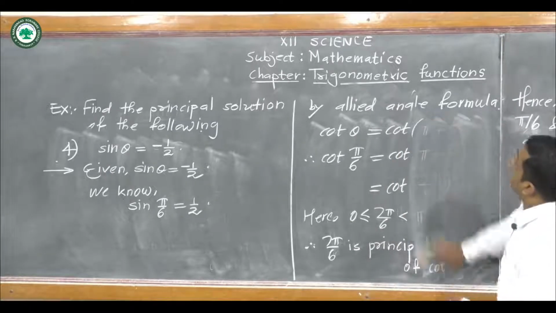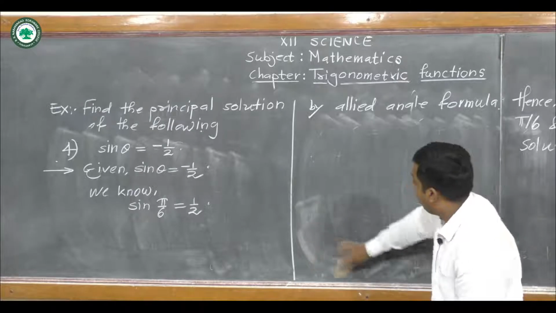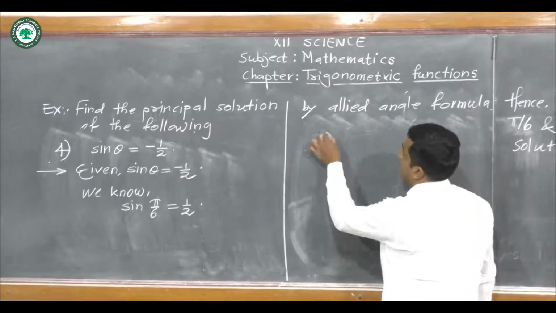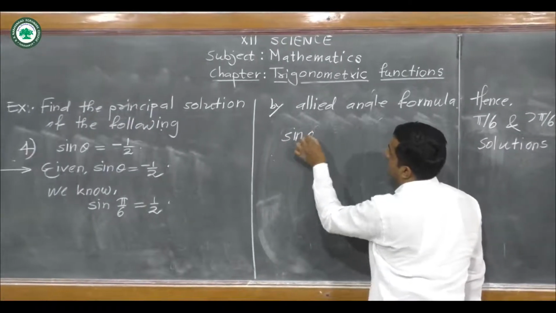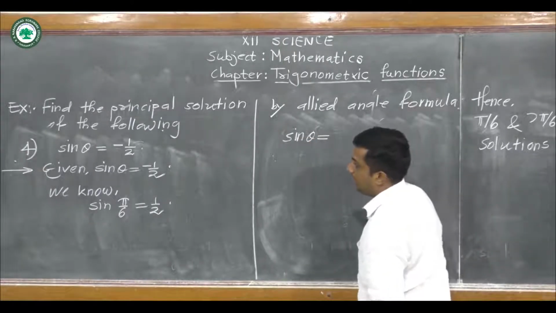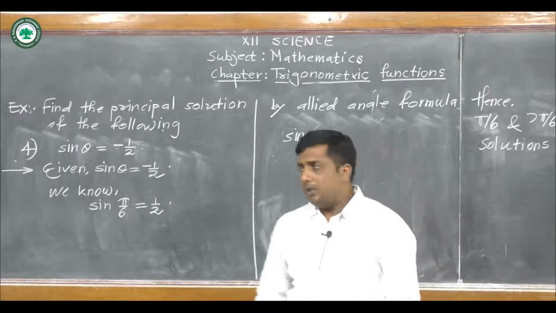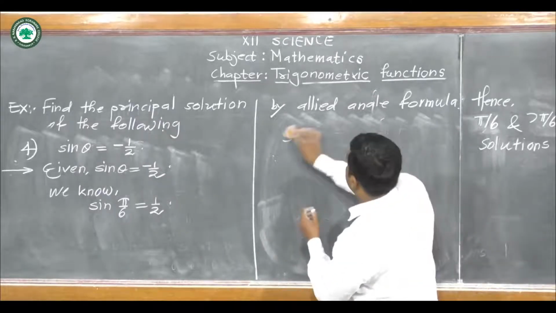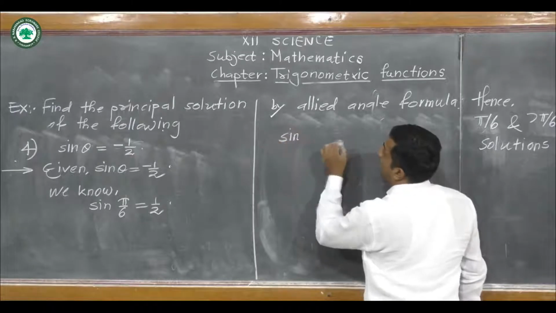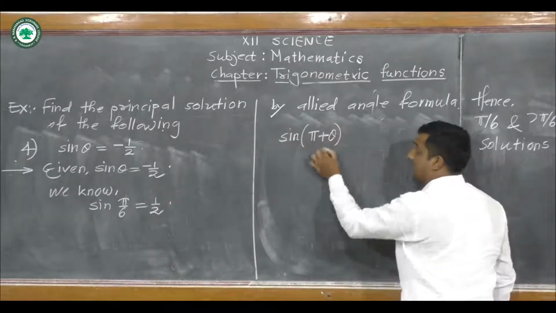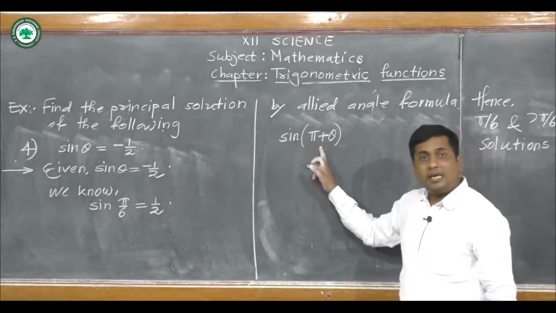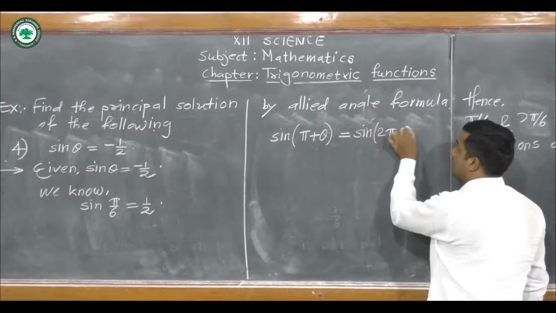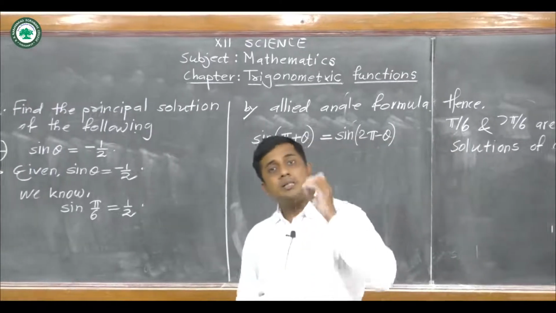Okay, so here I write by allied angle formula, here sine theta is equal to, now remember one thing, here we want minus sine theta, so here sine of pi plus theta, that is in third quadrant sine is negative, then also in fourth quadrant, that is sine of 2 pi minus theta, in the fourth quadrant sine is also negative.